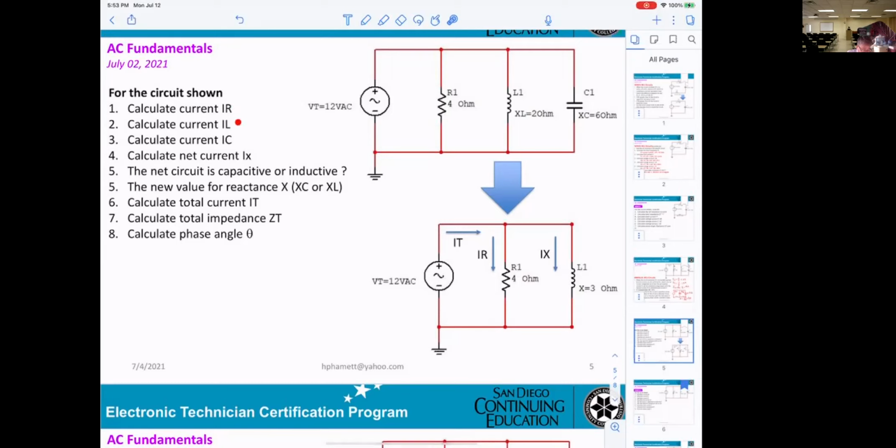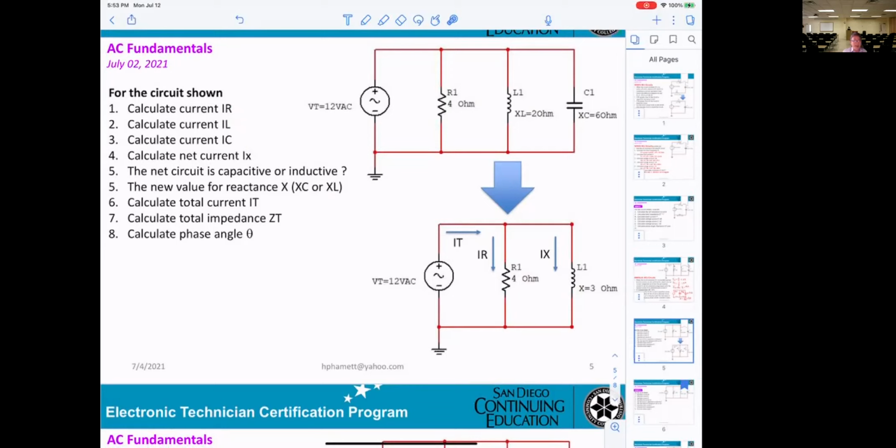IR, IL, IC, II. Okay? And the question is whether the net circuitry is capacitive or inductive. In this case, it will be inductive. The thing is IL is higher than IC.